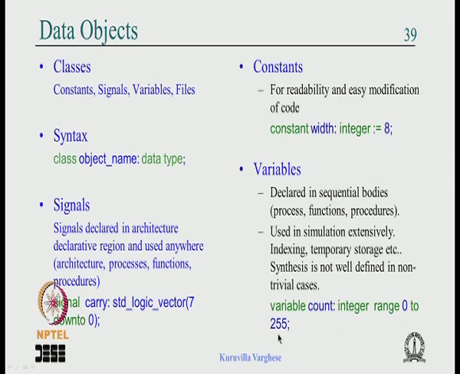When you say 0 to 255, it's an unsigned bus, which is an 8-bit bus. So you always have to specify the range of the variable, so that the synthesis tool can convert this into a bus of fixed width.